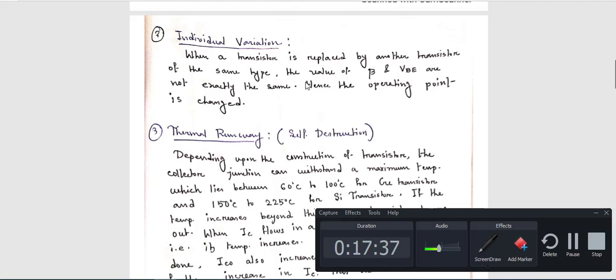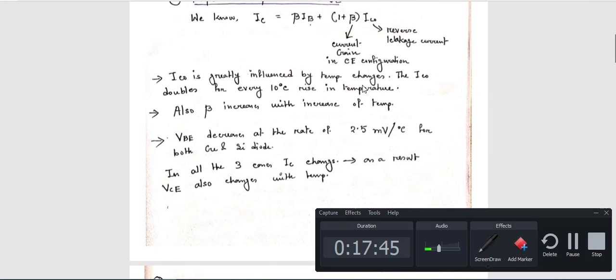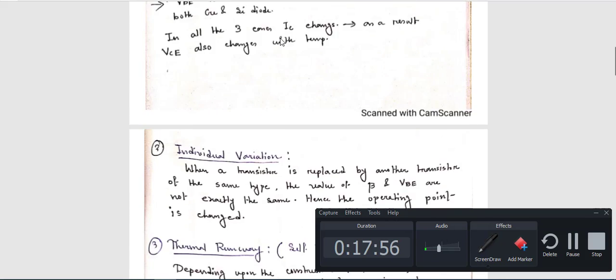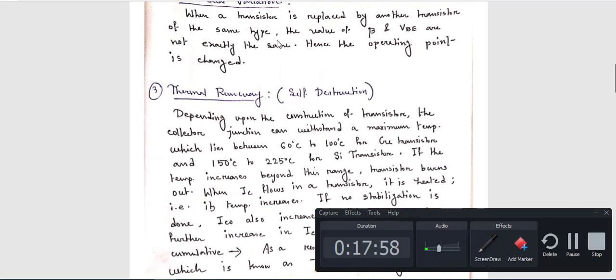But the values of beta and VBE are not the same for these two transistors, so beta will change or VBE will change. If beta changes, automatically IC will change, or if base emitter voltage changes, IB will change, and again IC will change. That means you have to control this parameter also.